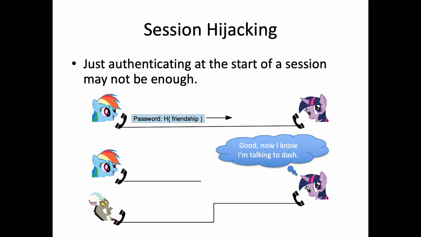Like if you had a TCP connection and someone authenticates over that TCP connection, there is an attack where that TCP connection can potentially be hijacked. And then you could trick a server into talking to you rather than the person who authenticated. So even if you didn't know their password, or couldn't launch a replay attack, this would still let you interact with a server and get access to things that you shouldn't.